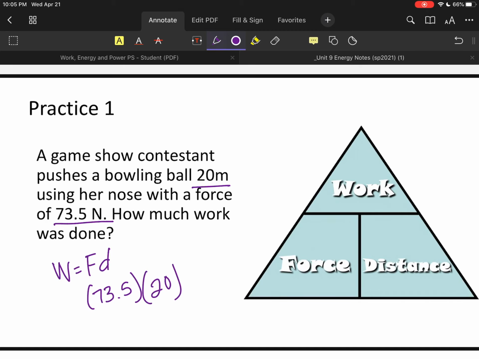If you multiply that out, you get 1,470, I think. Sorry, let me grab the calculator. I try to do it in my head, but I'm not so sure. Okay, yeah, that's right. 1,470 would be your answer here.